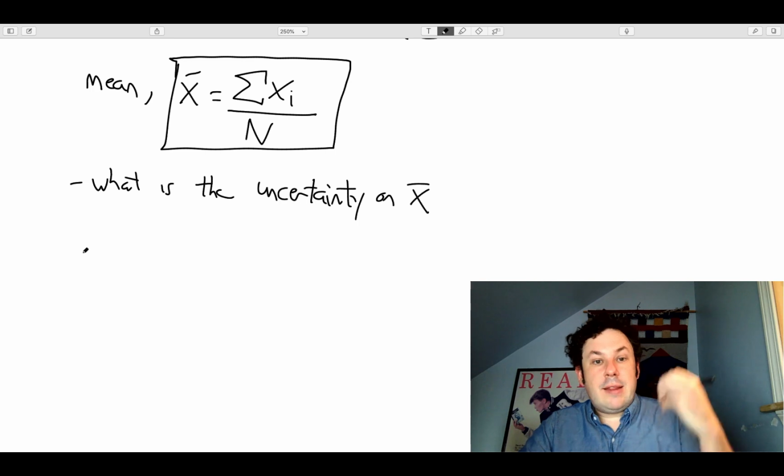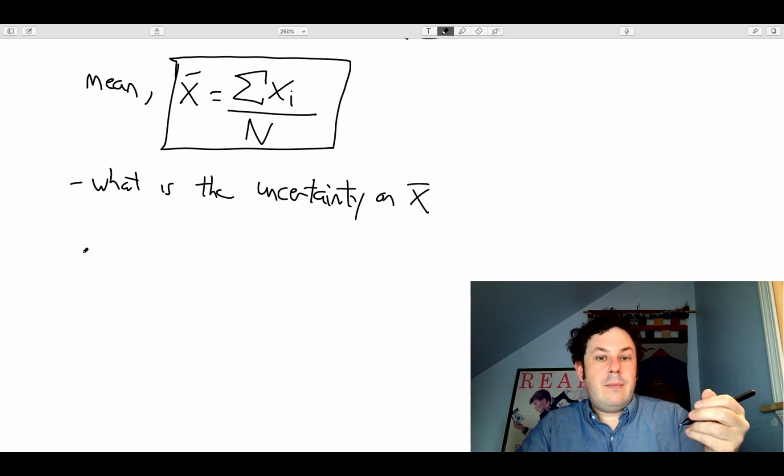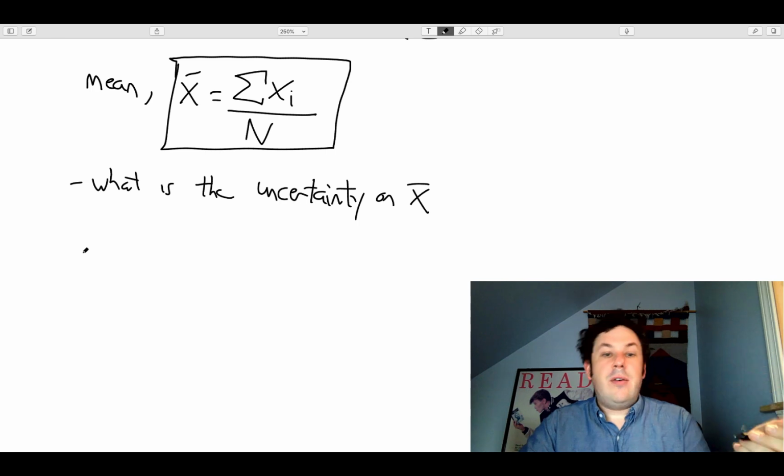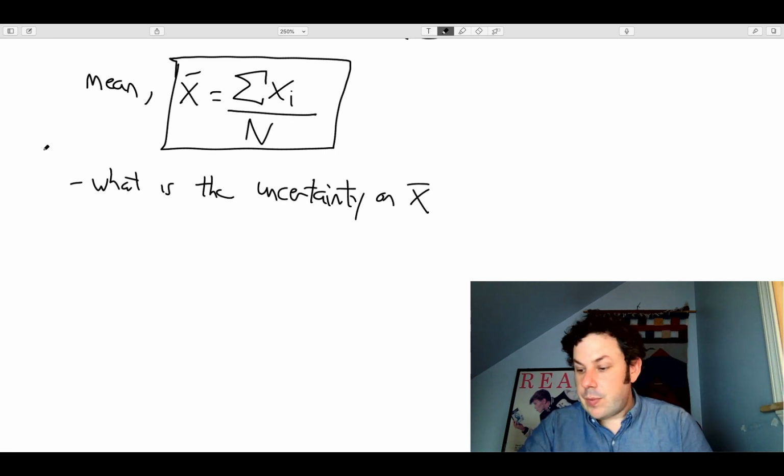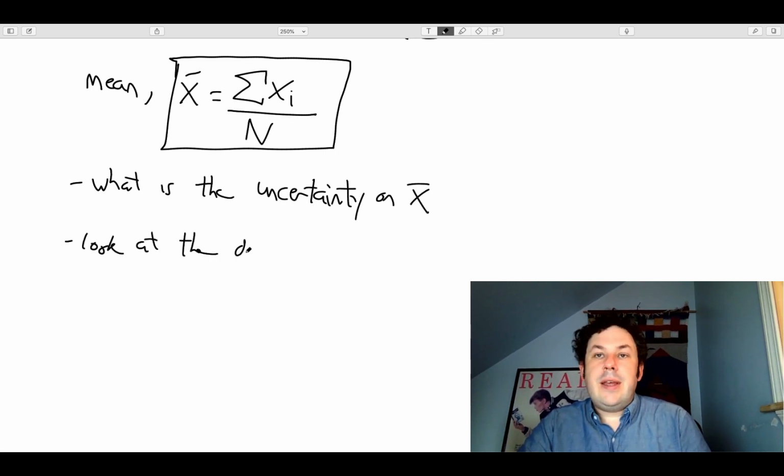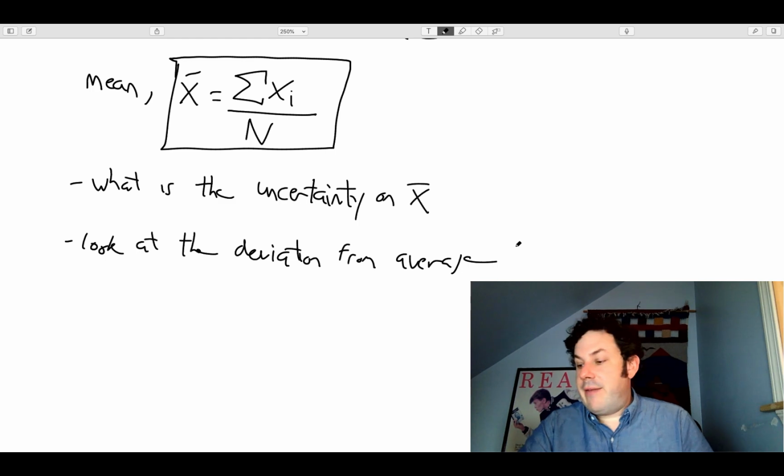So if you take this measurement a bunch, you'd get some average value, and then you would find that you would have values on either side. So what we're going to call that is the deviation. So first look at the deviation from the average. So we can look at the average deviation.